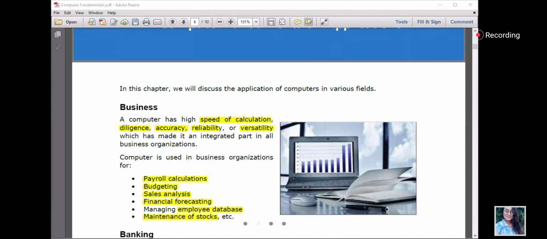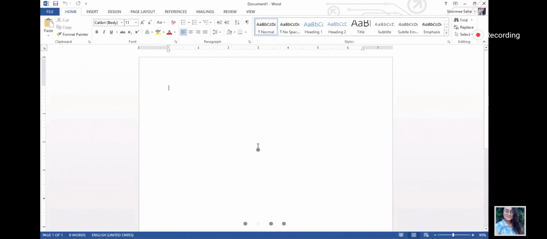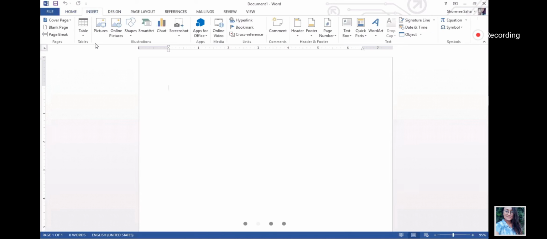Okay, one thing let me show you here. There is an interesting thing. This is just a Microsoft Word document. There are functionalities like this.